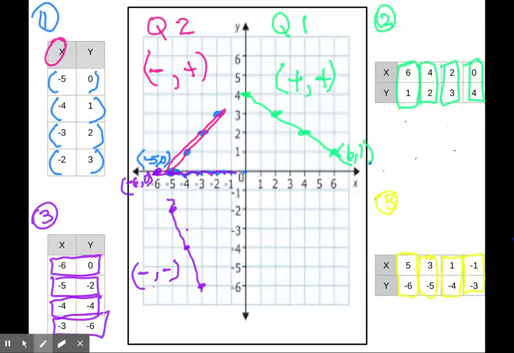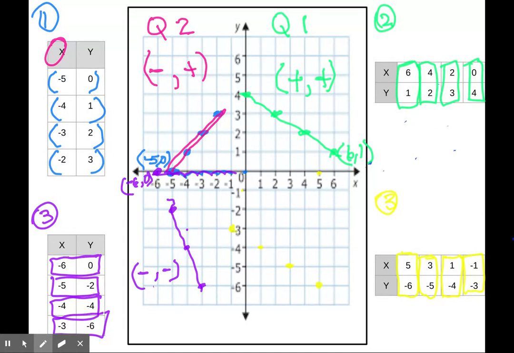And let's go +5, -6. +3, -5. +1, -4. And -1 starts at, you start at 0, go -1. I'm sorry, -1, -3.